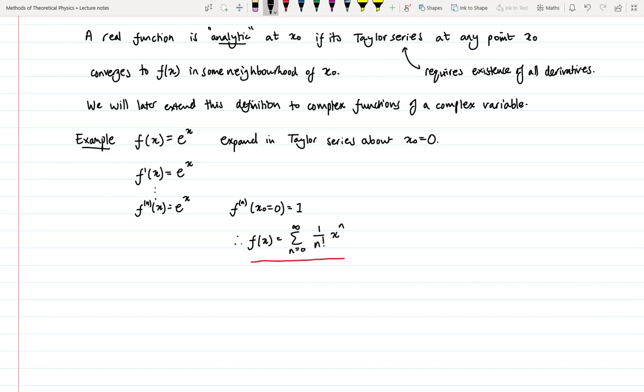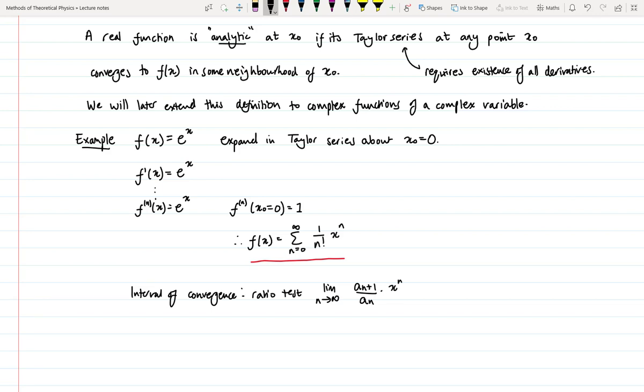We can apply the ratio test to find the interval of convergence. So the ratio test tells us to take the limit as n tends to infinity of the n plus 1th term over the nth term.